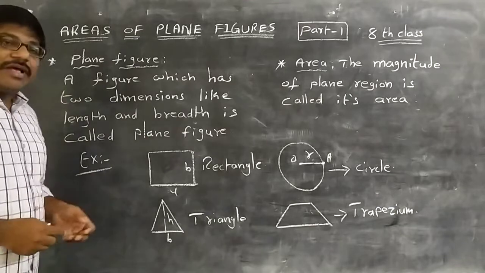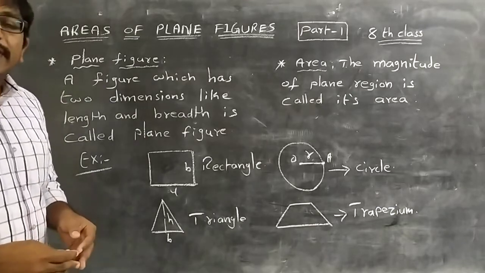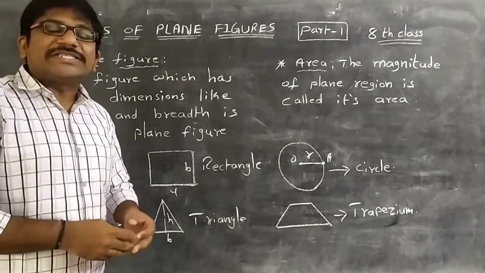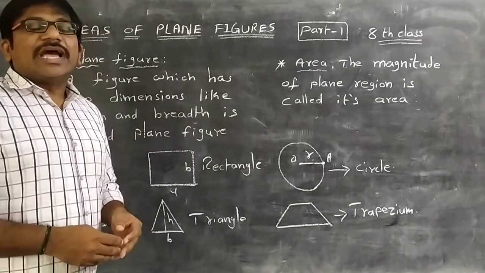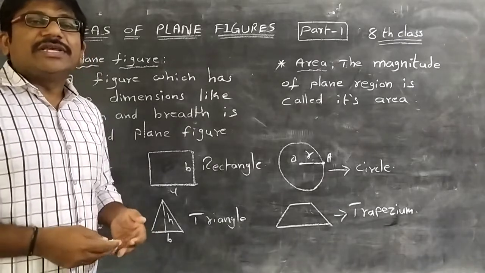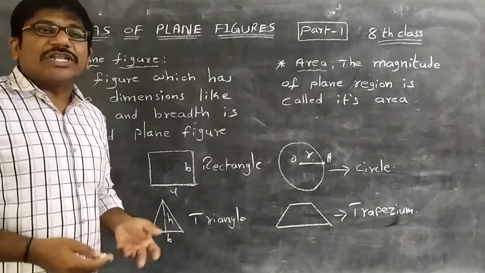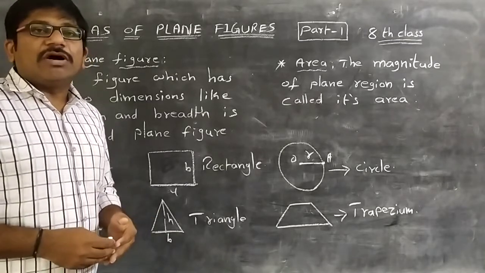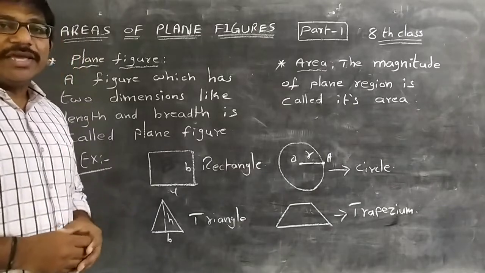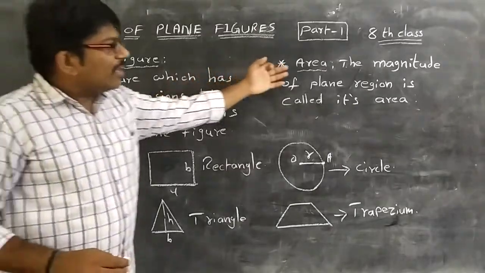For example, rectangle, square, triangle, trapezium, rhombus, kite, circle, and all types of triangles: equilateral triangles, right angle triangles, isosceles triangles. These are all plane figures. Next, let's go for area.